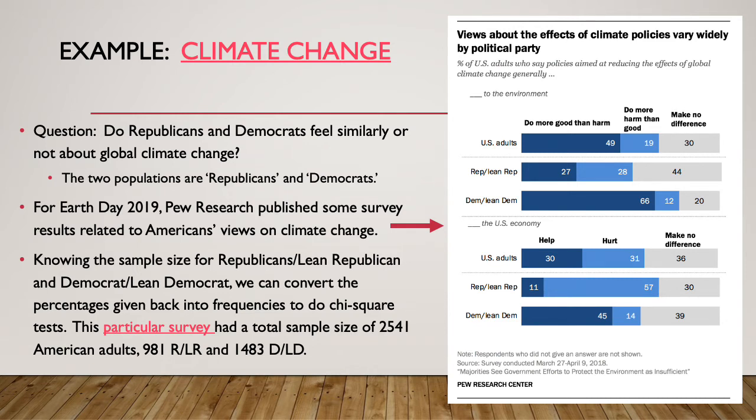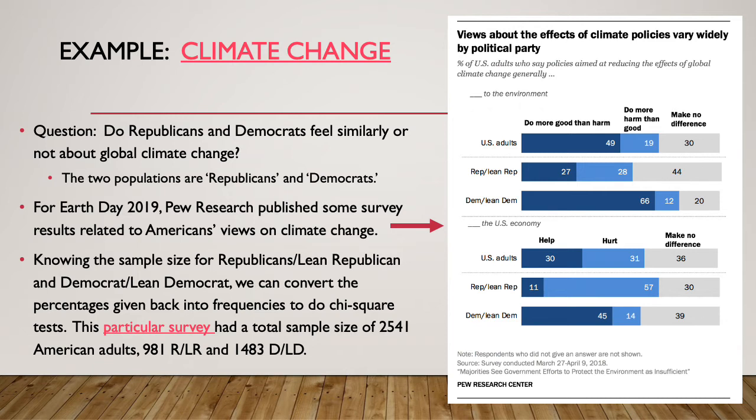As I did this, I had to do a little bit of estimating. You might notice the percentages in these bar graphs don't necessarily add up to 100%. There was a little rounding involved in creating the percents, so I had to do a little bit of adjusting to create the frequencies.